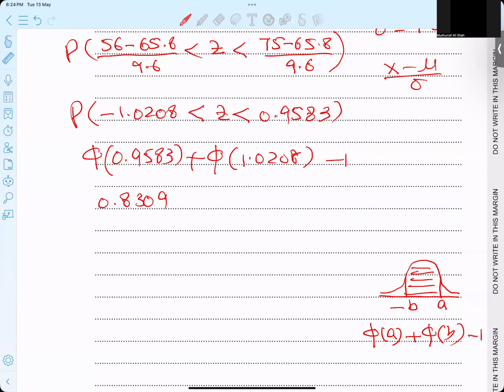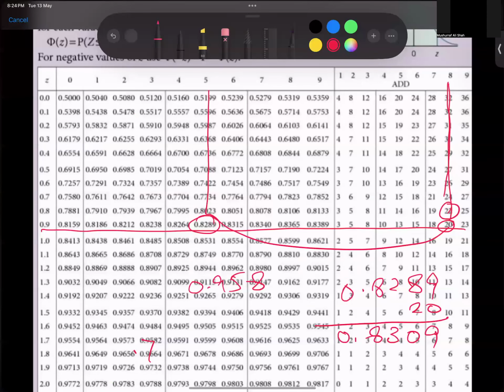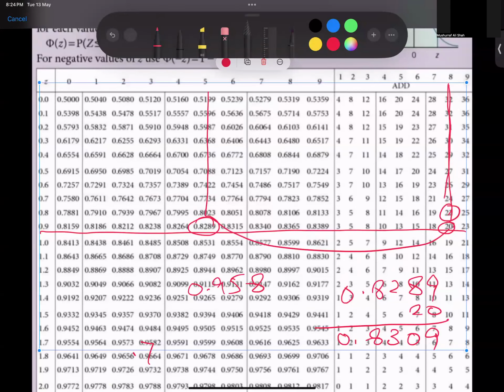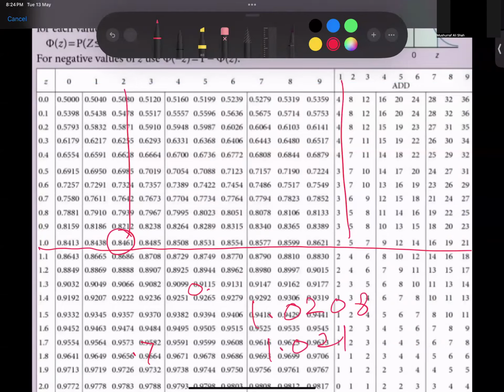0.8309. Okay, and let's talk about this value as well from the table. So again, I will use 3 decimal places, and I'm looking for 1.02. This is 02. Basically 1.0208 becomes 1.021, and this number 2.